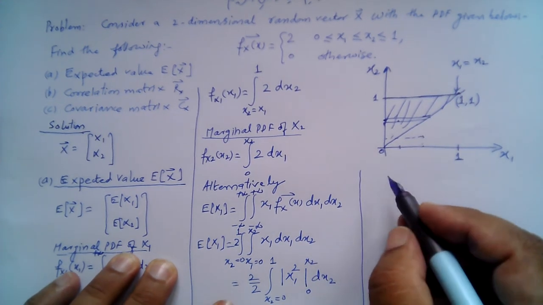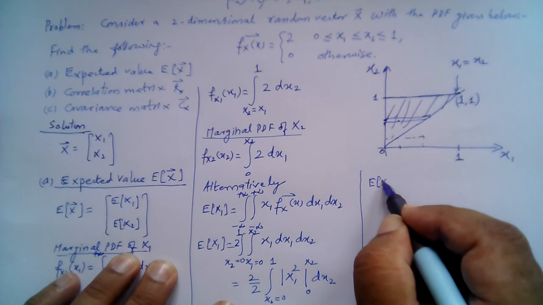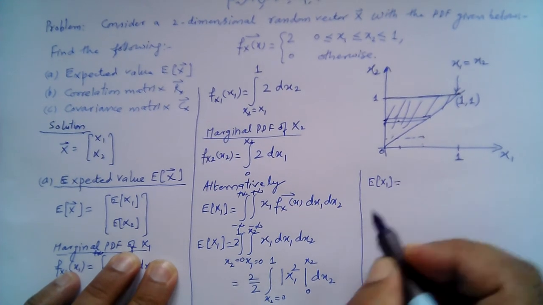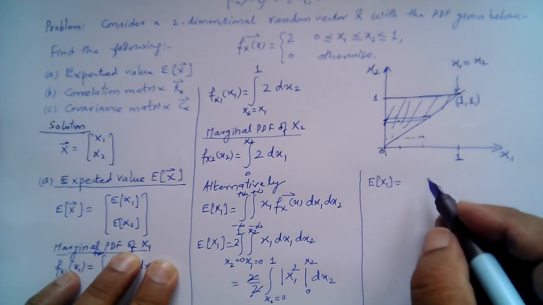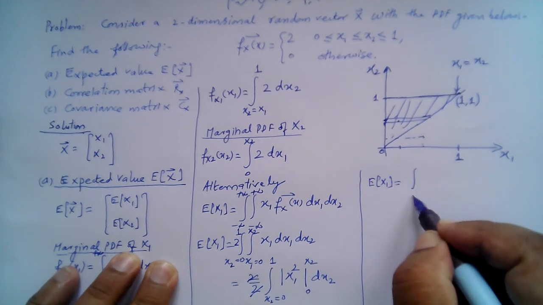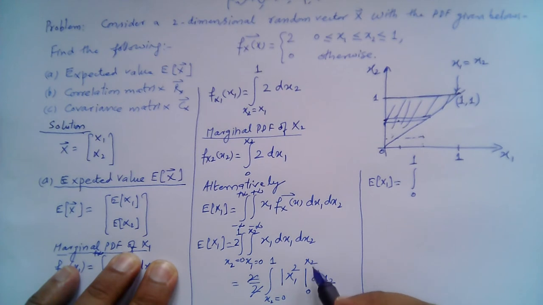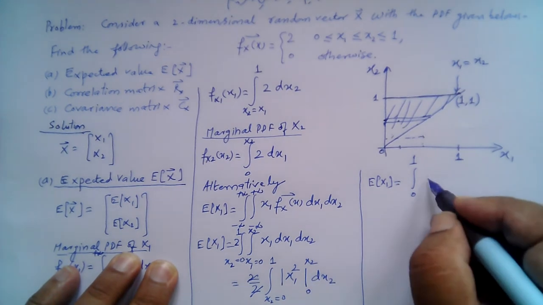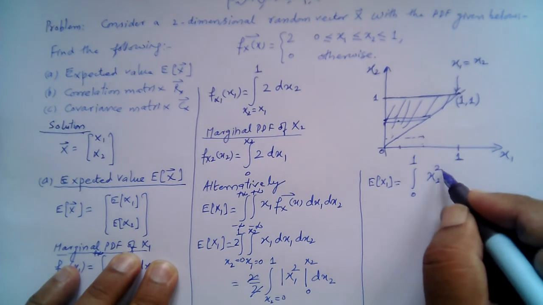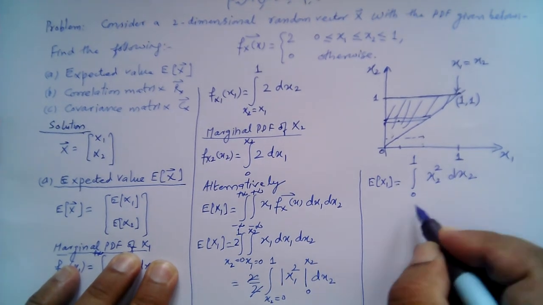So now the expected value of x1 is given by, this cancels out, and x2 is from 0 to 1, and let's put in the limits now. So this will be x2 square, right? So x2 squared and dx2 here.